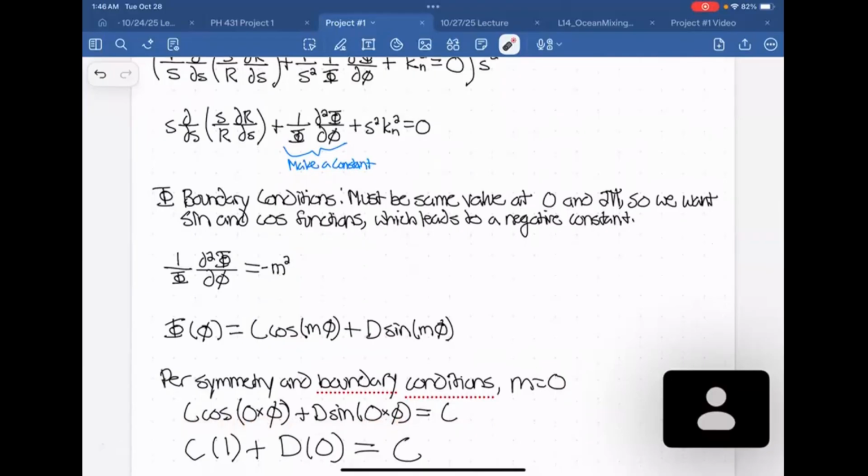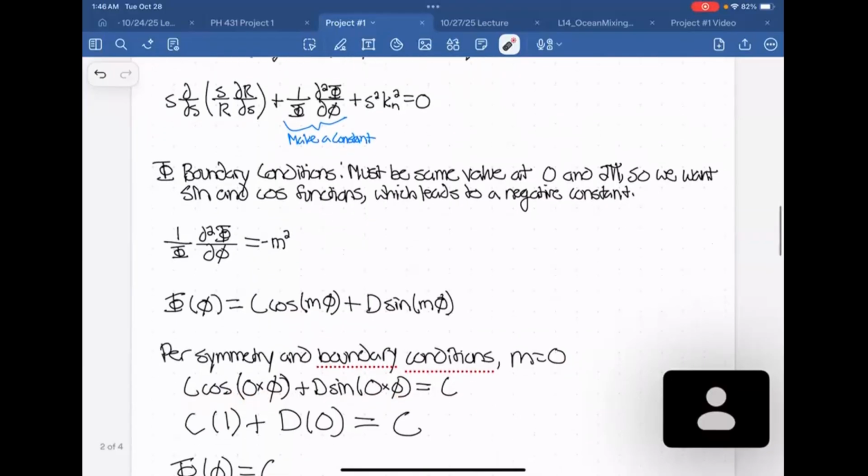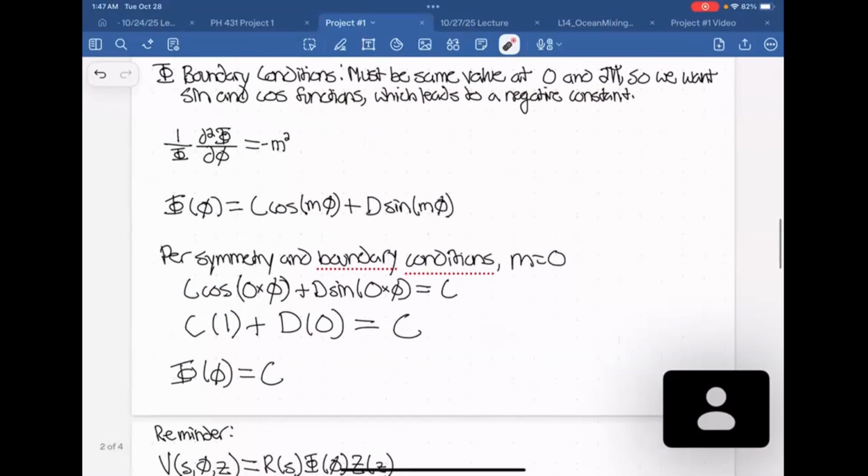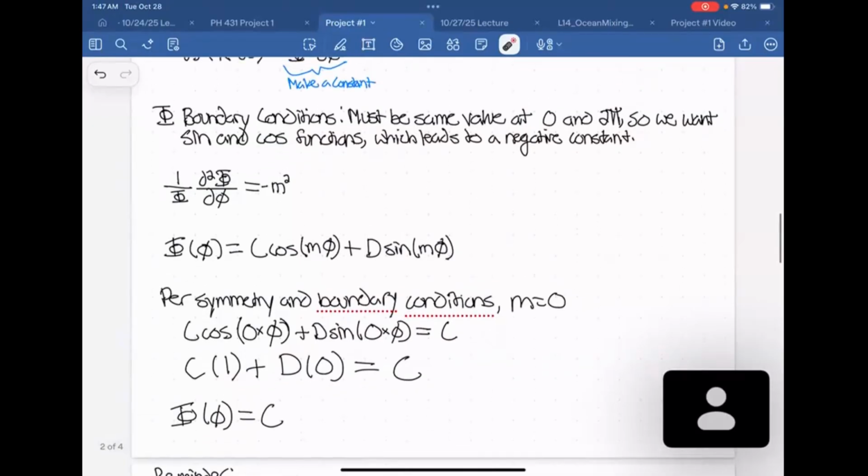And ultimately, because the cosine of 0 is 1 and the sine of 0 is 0, we get that this equation equals C. And so we have that phi equals C.